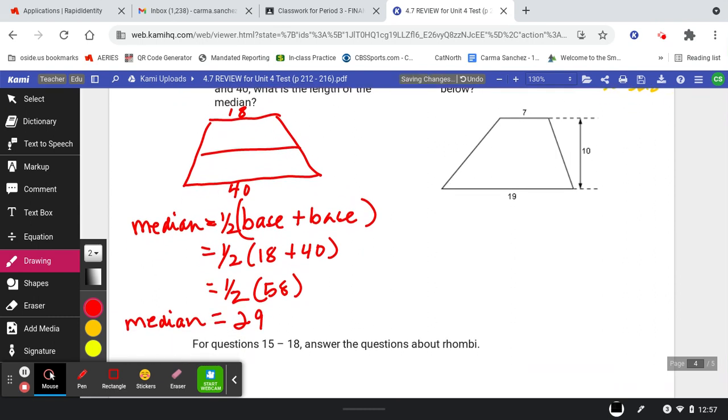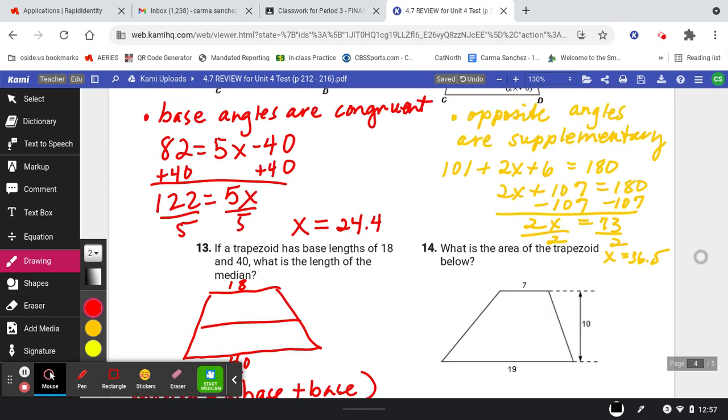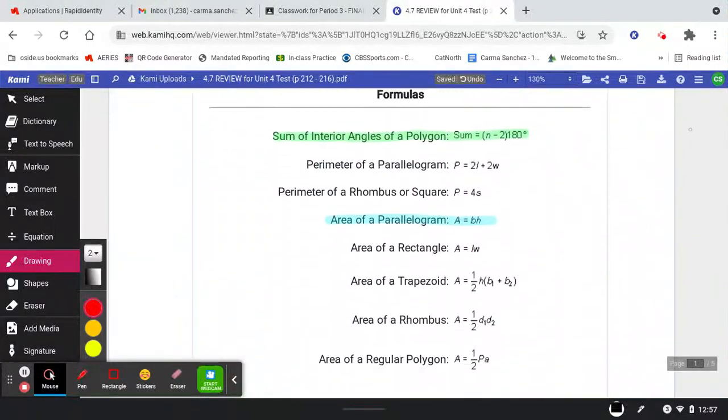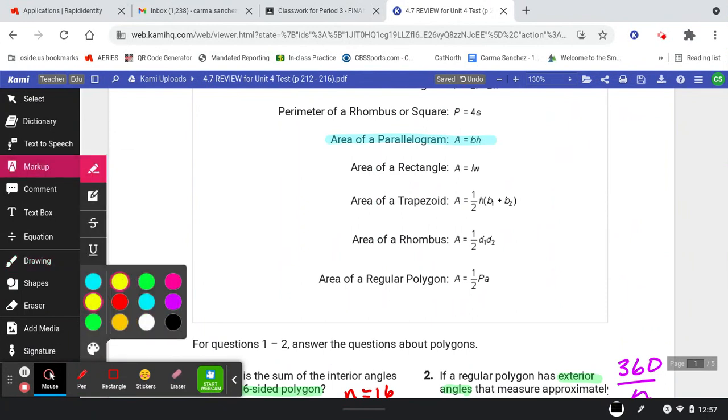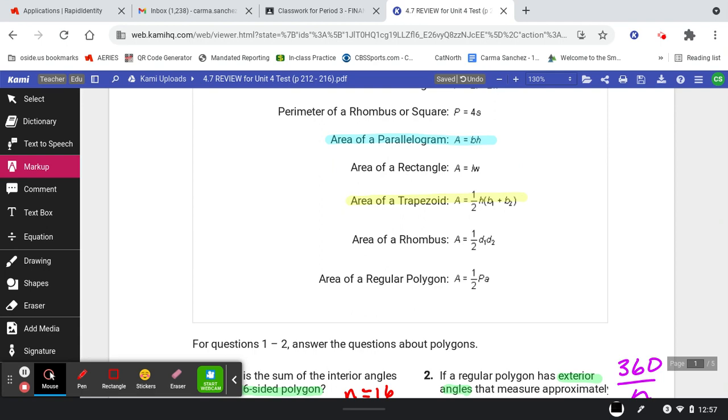What's the area of the trapezoid below? So again, this is bringing back up your middle school math, just getting it all in there. So go back up if you forgot it, and notice that right here, area of a trapezoid is half of the sum of the bases times the height.